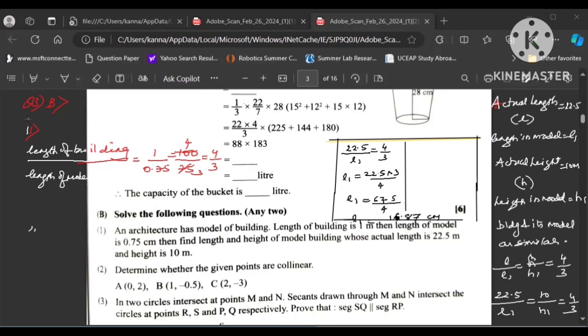How much are you going to get here? This is 10 upon H1 is equal to 4 upon 3. So H1 equals 30 upon 4, 7.5. H1 equals 7.5 centimeters. So the height of the model is 7.5 centimeters.